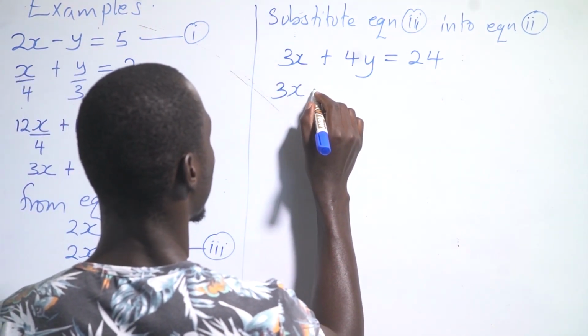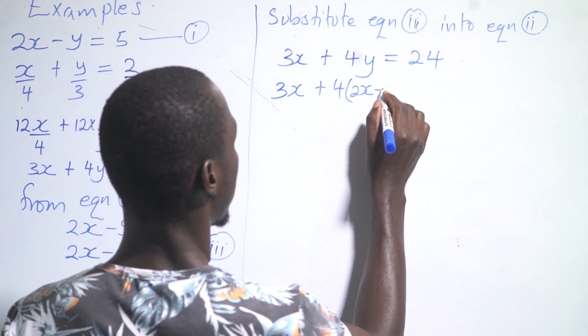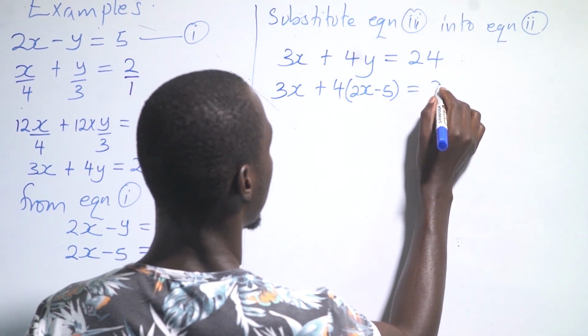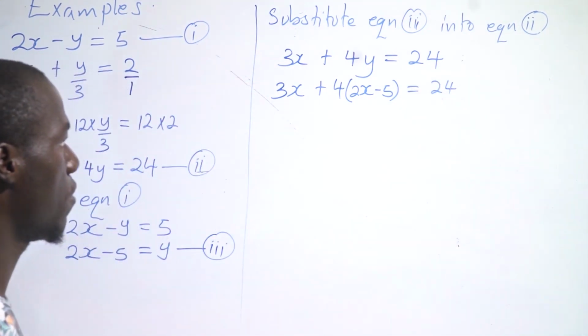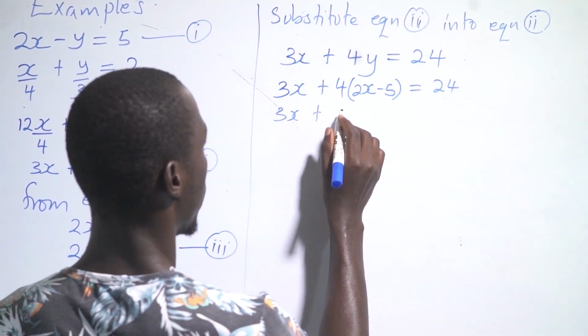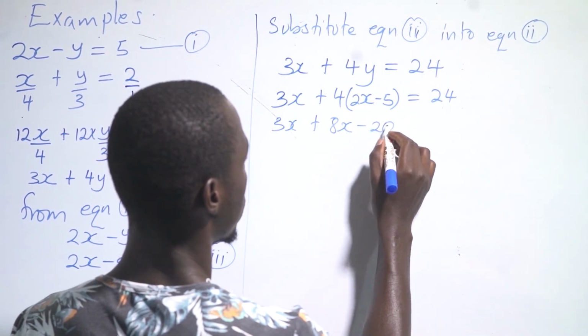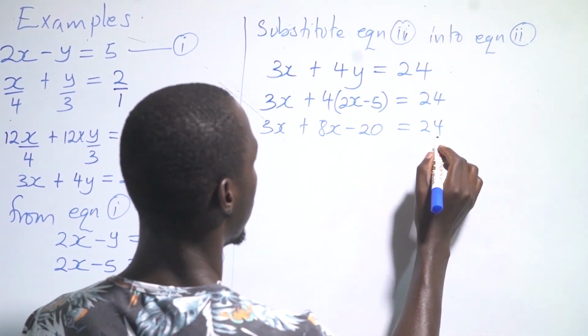So this is 3x plus 4 into 2x minus 5, which is equivalent to 24. So this is 3x plus 8x minus 20 is equivalent to 24.